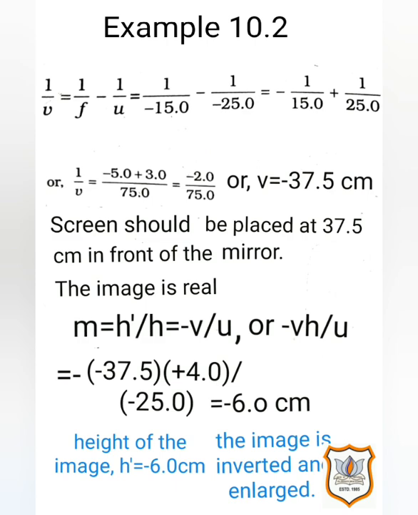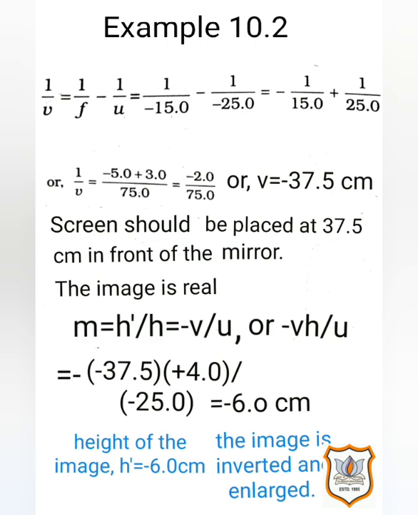Also magnification, h dash upon h or minus v upon u, will give h dash is equal to vh upon u. As we have to find out h dash only, that's why we'll write minus vh upon u. So put the values: v will be equal to minus 37.5 into h is 4.0 divided by u, minus 25.0.